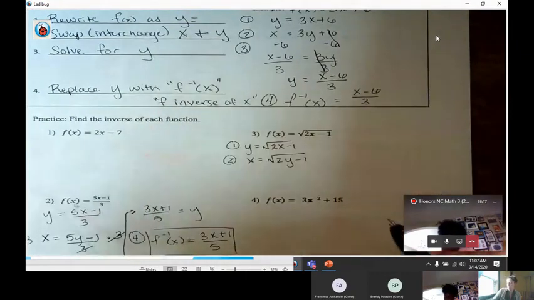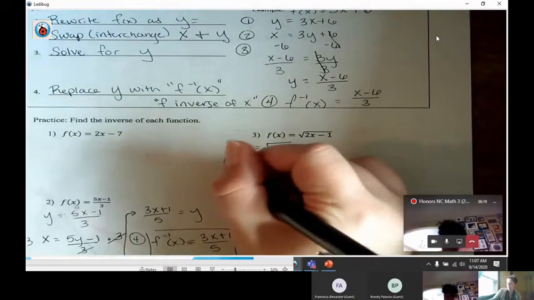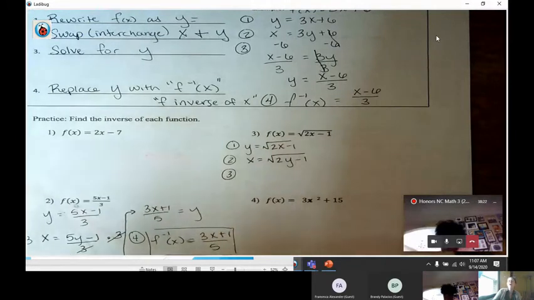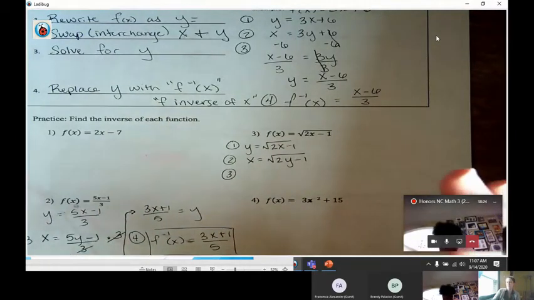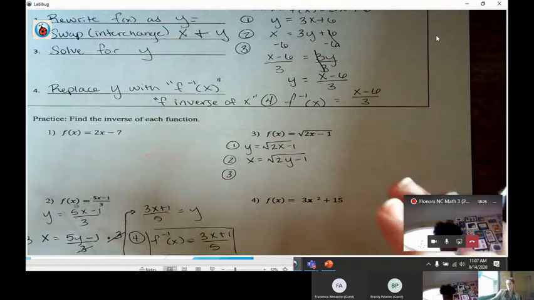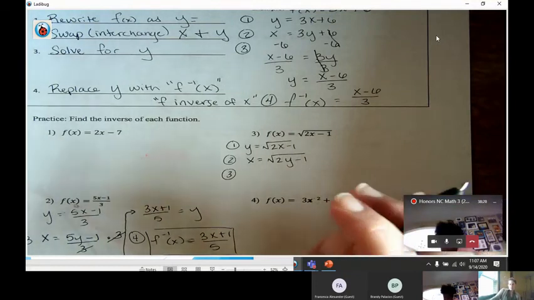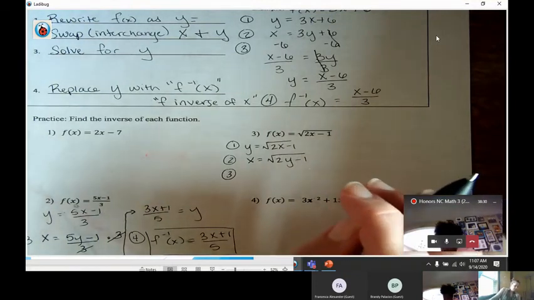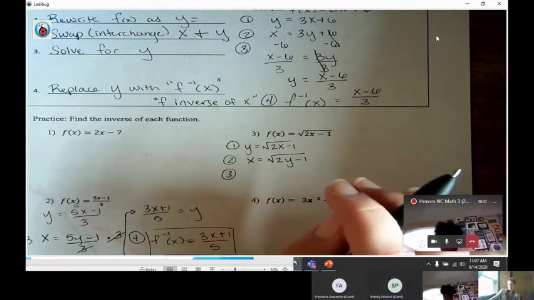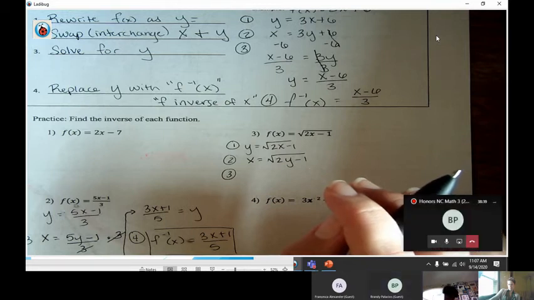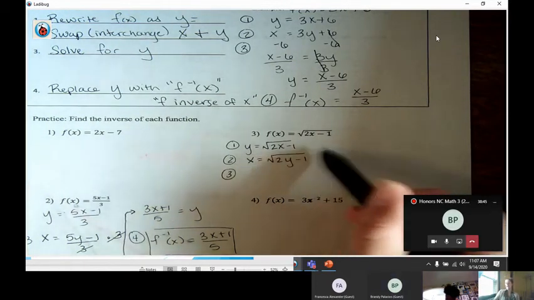All right, and then Brandy, do you have any ideas about what your very first step should be for solving for y? Maybe get the y by itself, the 2y. Yeah, but we got to get this square root off of it, right?